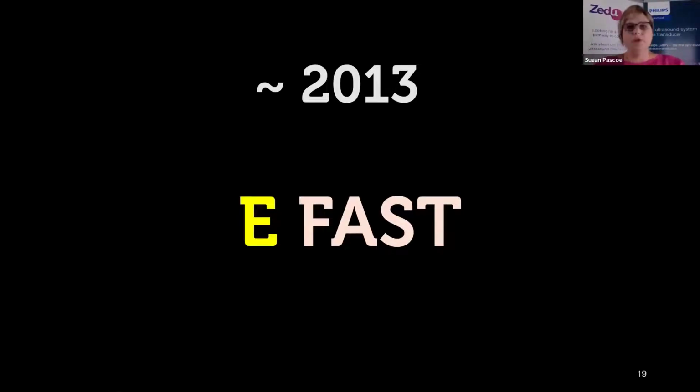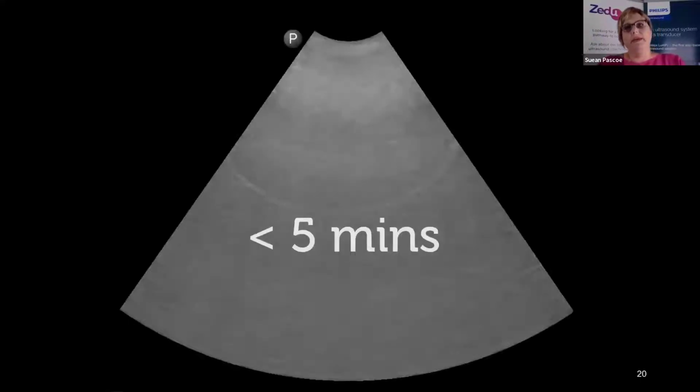Either way we go, this RUSH protocol is looking at a patient who is extremely unwell. It's designed to be a B-mode scan. There's a lot of emphasis on the rapid, so rapid ultrasound in shock. We don't want to get too bogged down doing lots of fancy measurements.